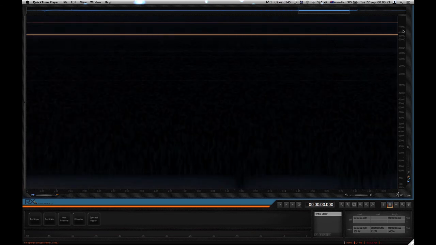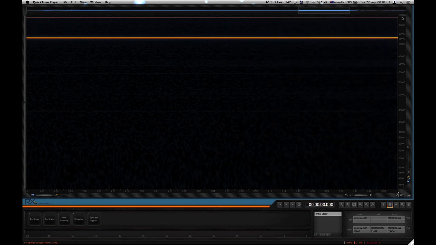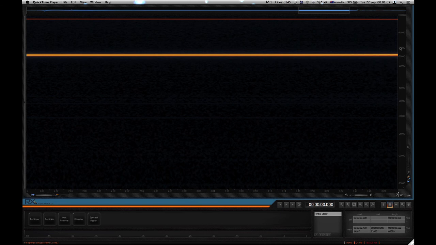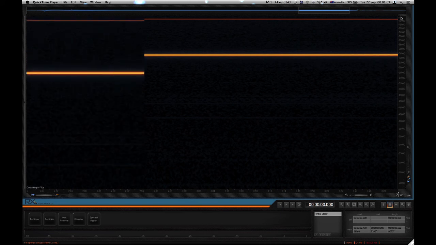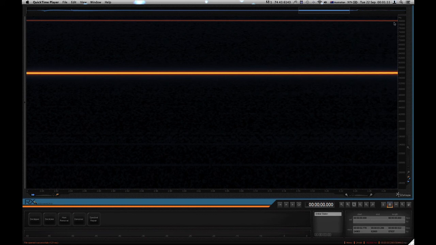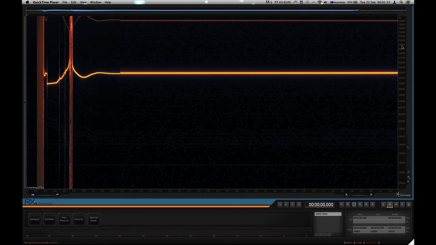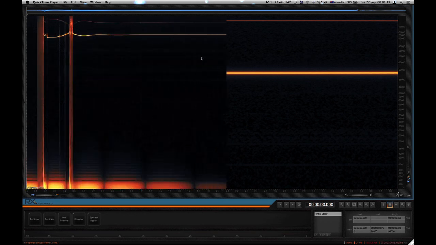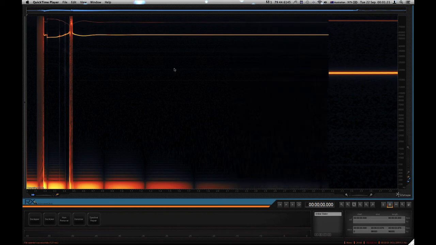And on the spectrogram, indeed, we can see that there's a lot of energy happening at 55 kilohertz and also a fair amount at 80K. So this is definitely why it wasn't registering at all on the meters of my 48K sample rate session for the soundtrack of this video.